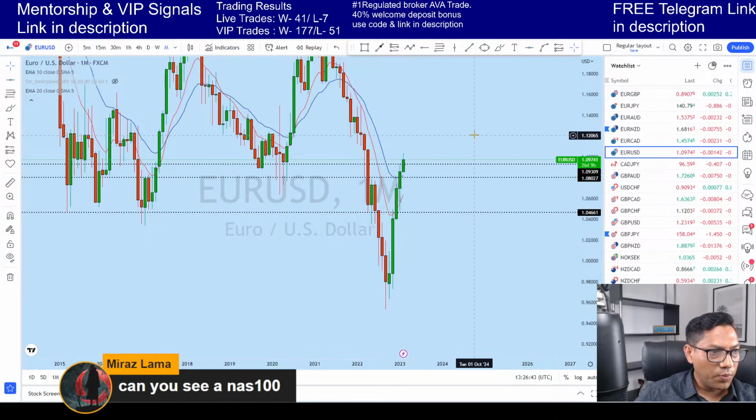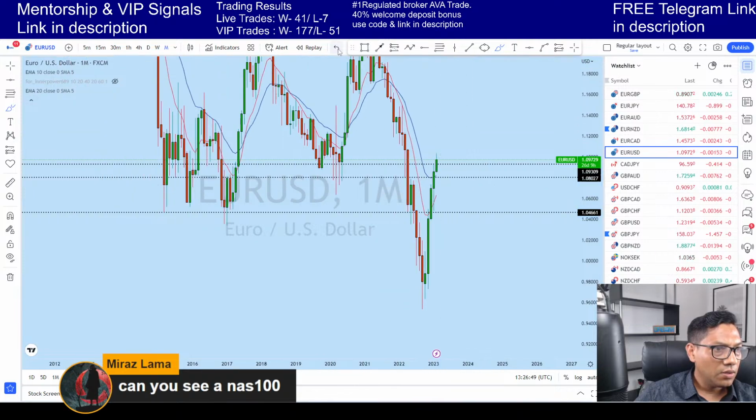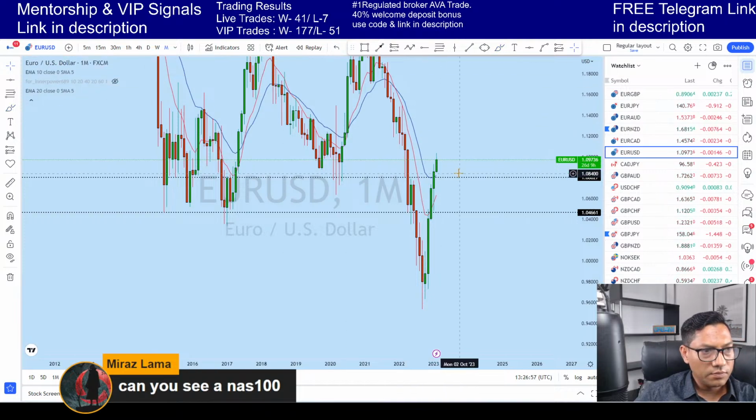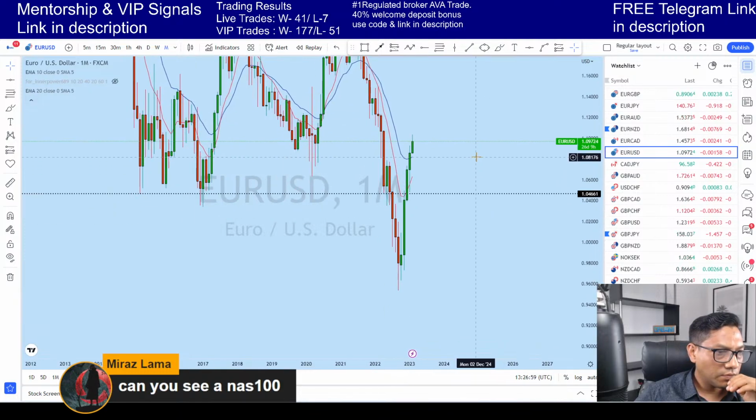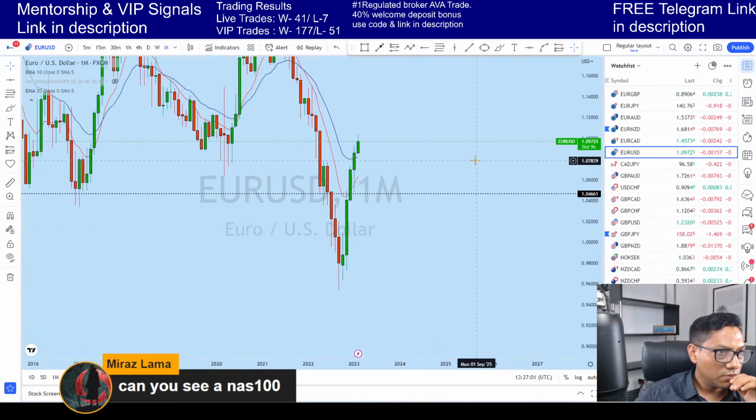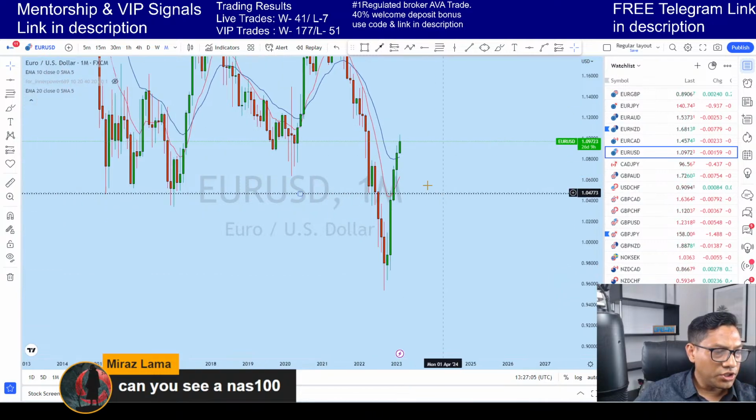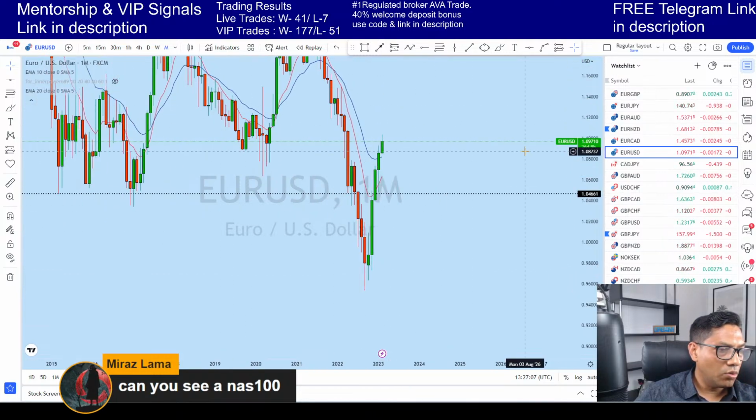This is the support zone where I think euro dollar in the initial move is likely to come down. And from here we will see euro dollar going up. So we could see potentially a stronger move downward on euro dollar.